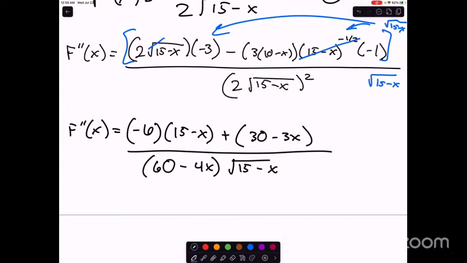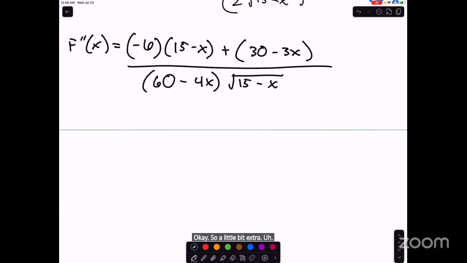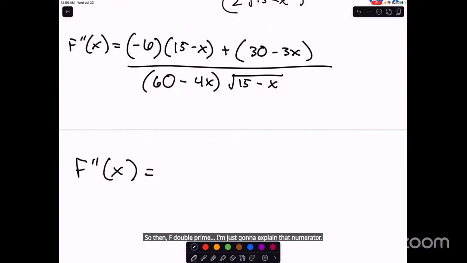Okay. So a little bit extra. We're almost there. So then f double prime, I'm just going to expand that numerator. 60 plus 30 is a negative 90.